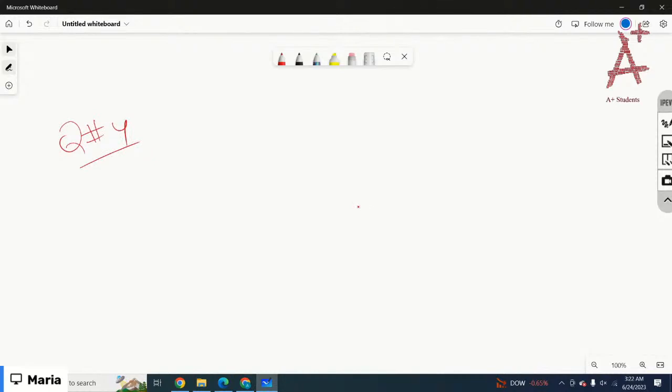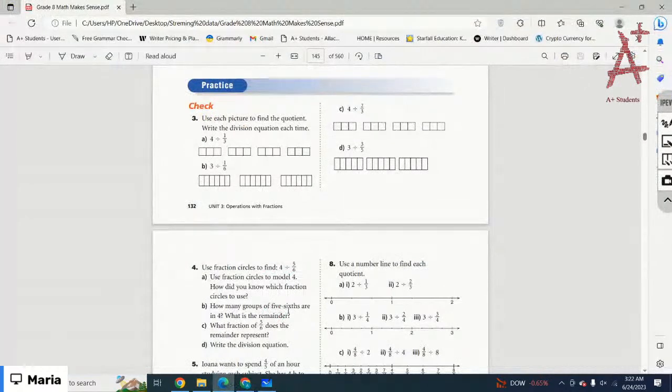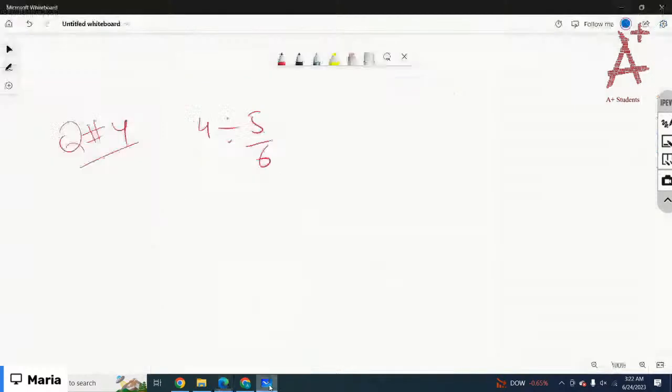4 divided by 5 over 6. How many groups of 5 sixths are in 4? What is the remainder? You have to replace the division with multiplication, so it would be 6 over 5.